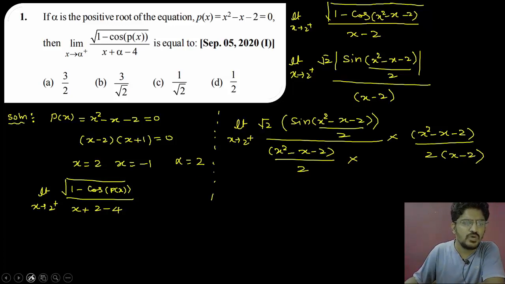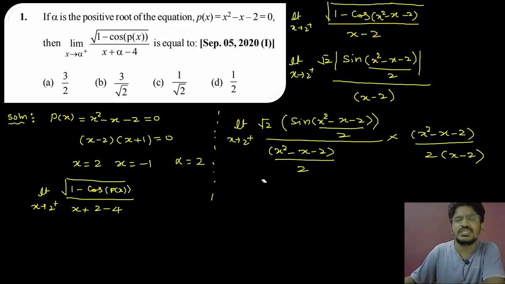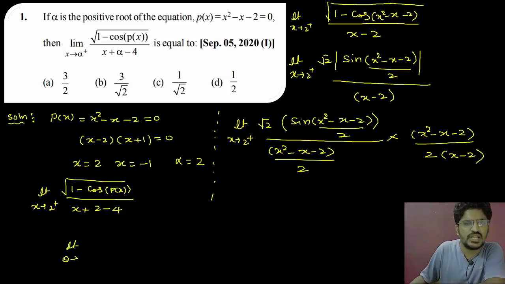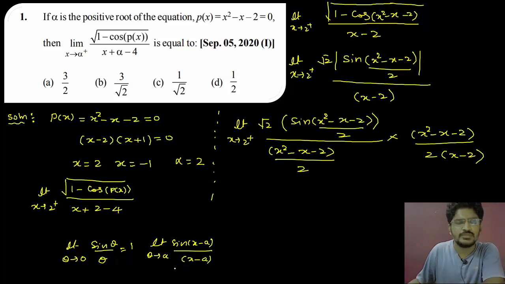Now you just see this is in the form of sine theta by theta. We can use the formula limit theta tending to 0 sine theta by theta equal to 1, and you also know that limit x tending to a of sine of x minus a divided by x minus a equals 1. Clear? So here also it will be equal to 1.